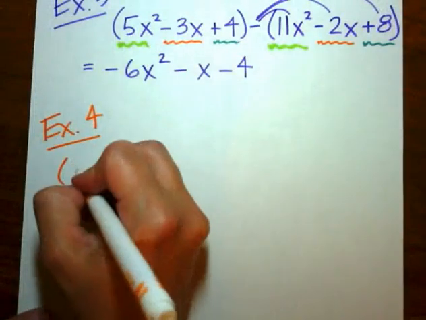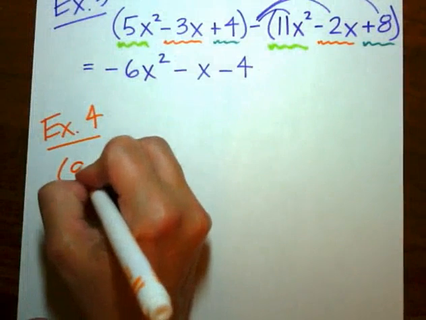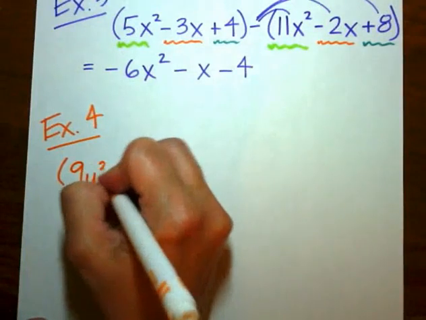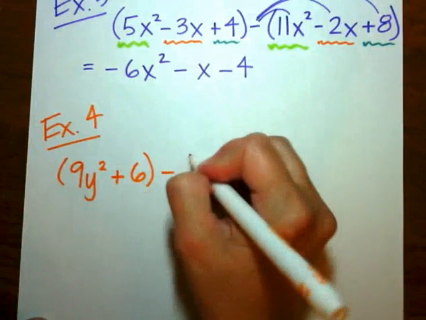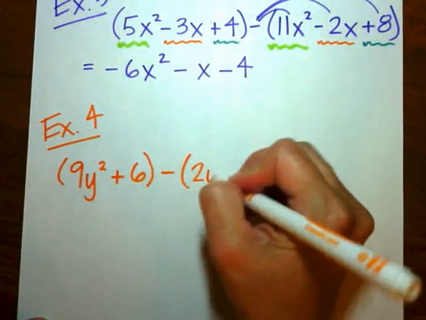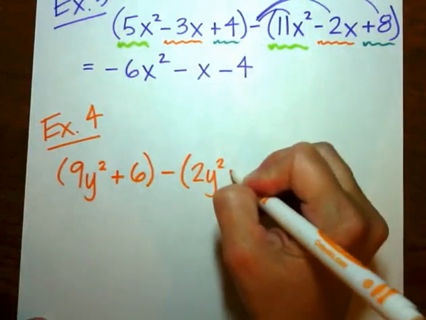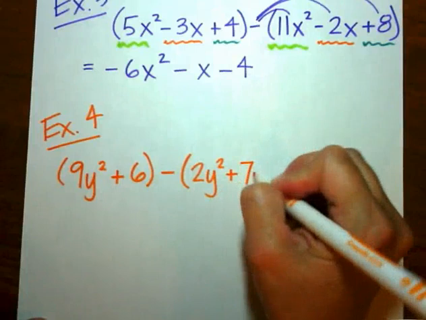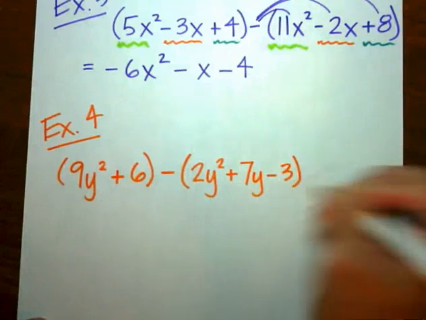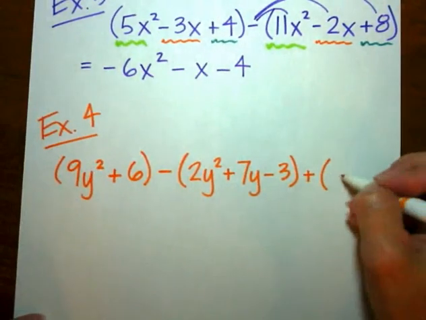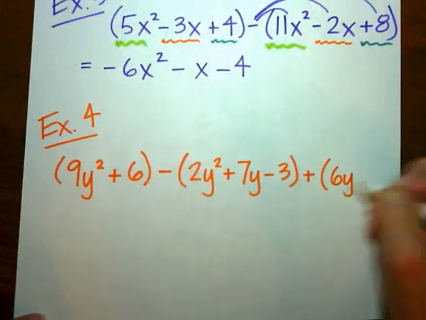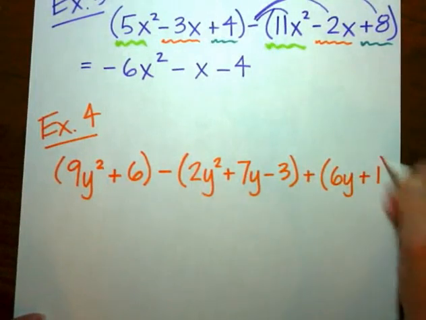How about 9y squared plus 6 minus 2y squared plus 7y minus 3. And then we're going to add, how about 6y plus 1.